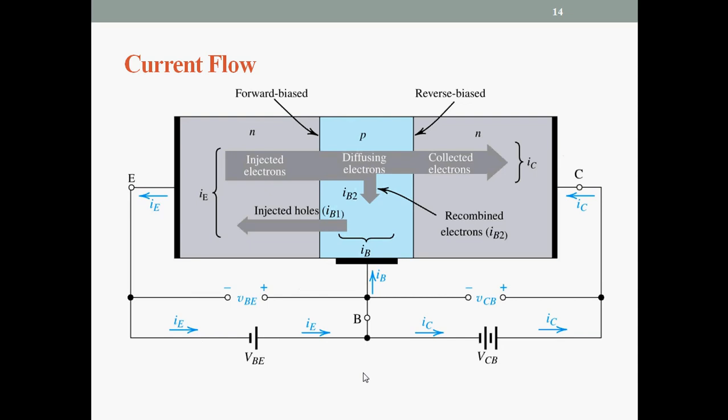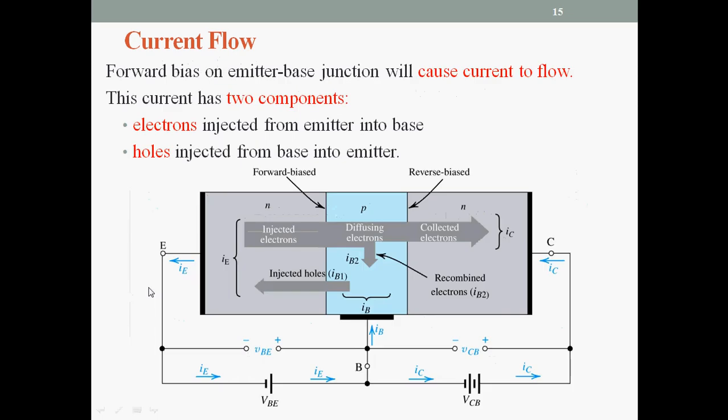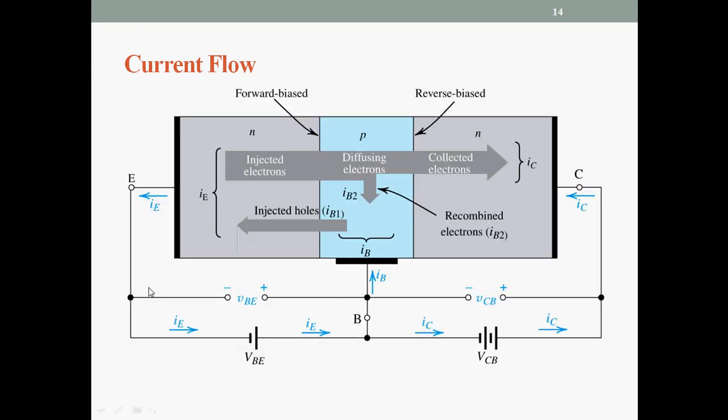For this NPN transistor, we'll see how it will work when we are applying the external source to the emitter base junction and collector base junction. From this, VB is the voltage which is applied between emitter and base, whereas this emitter base junction is in forward bias and the collector base junction is reverse biased.